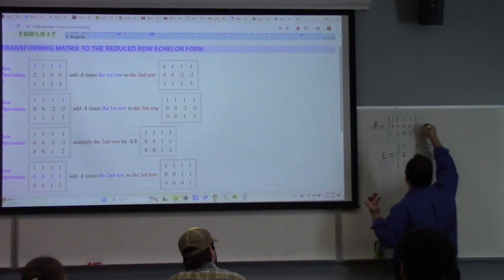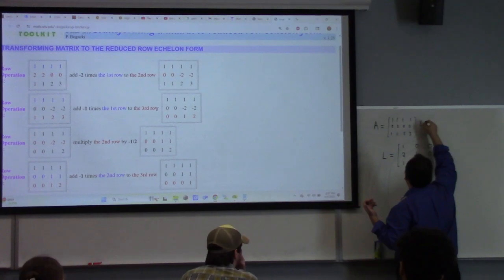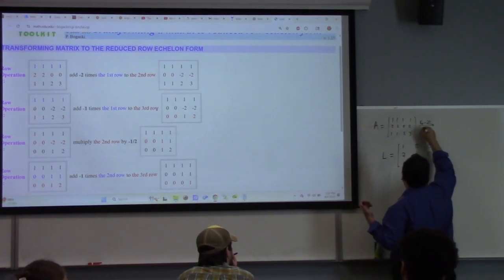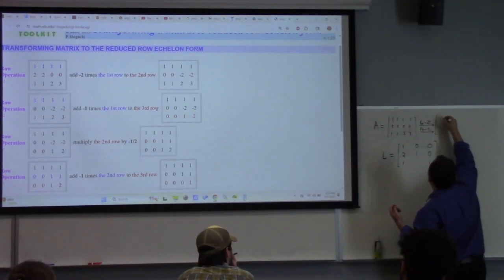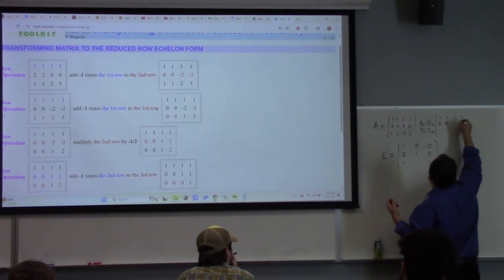Phooey. I guess I just got to do them. Okay, so this is row 2 minus twice row 1. I think we can do these both at once. Row 3 minus row 1. That gets me 1, 1, 1, 1, 0, 0, minus 2, right?